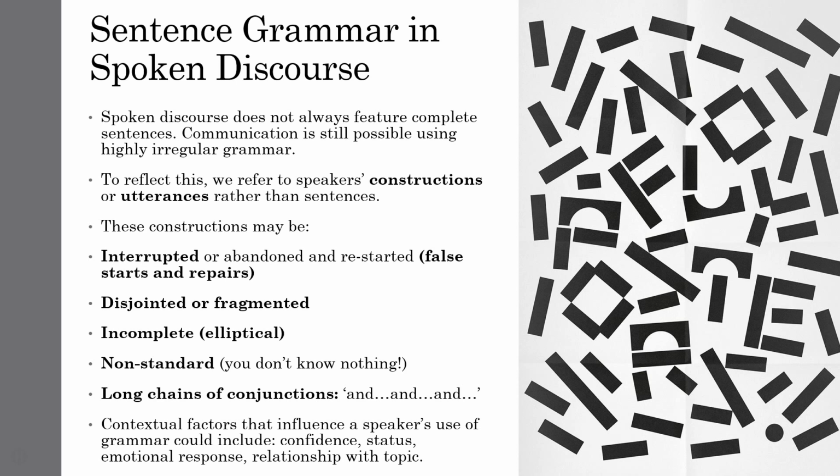Of course, we remember from lesson 1 that spoken language is primary. We learn to speak and listen before we learn to read and write, and actually when children learn to read and write, we find that their writing is full of these kinds of disjointed or fragmented features.